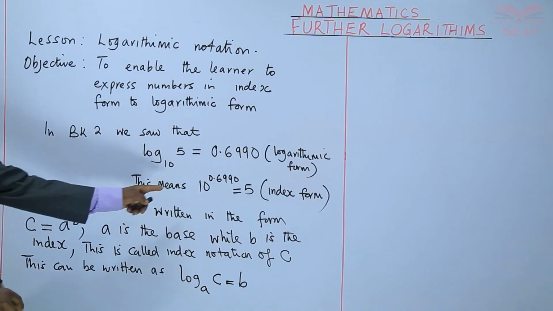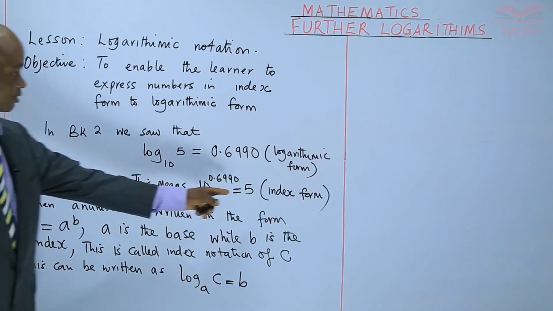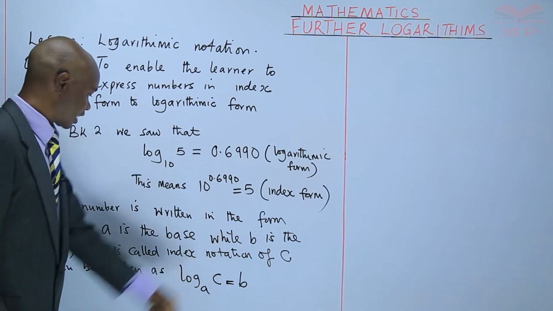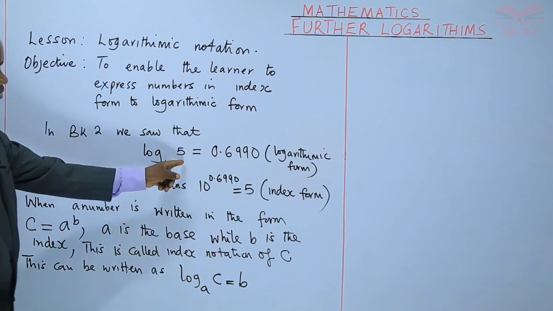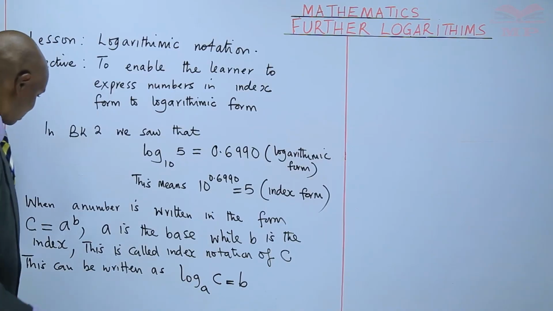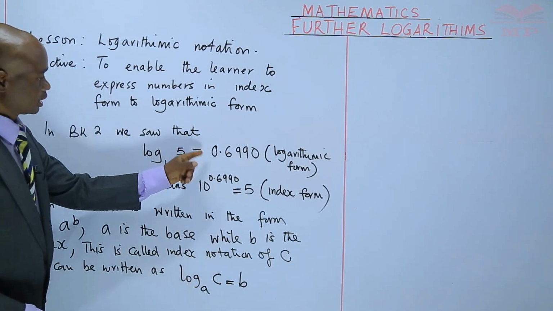Let's look at any relationship here. Here, for example, this is our 5. 5 is equal to 10 raised to that. When we come to the logarithm, log base 10 of 5 is that. So there is a close relationship.